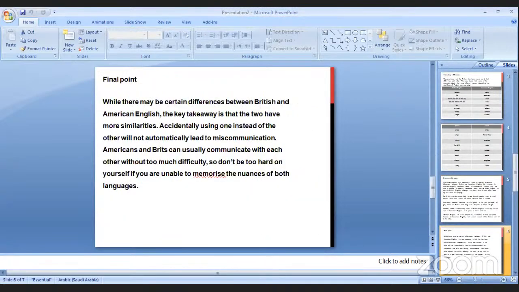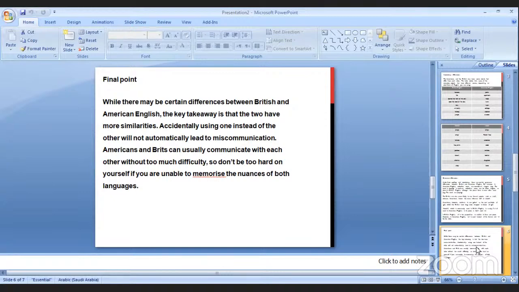I'll continue. My name is Safa. Final point. While there may be certain differences between British and American English, the key takeaway is that they have more similarities, and accidentally using one instead of the other will not automatically lead to miscommunication.